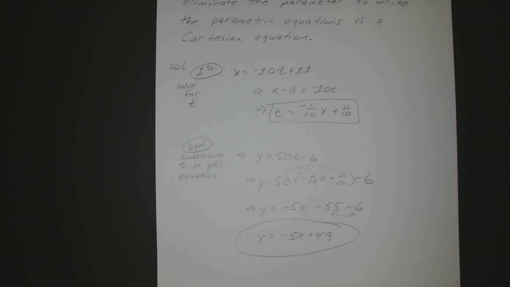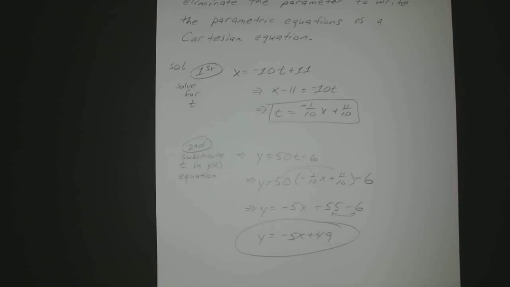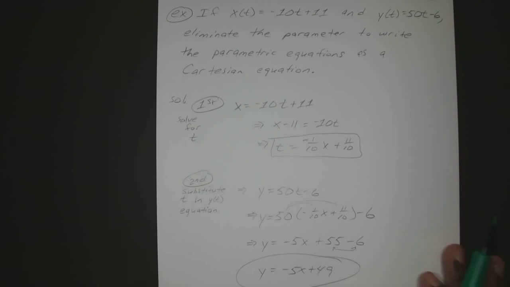You mean if you were trying to find the x and y coordinates for that one? No, if we were trying to find 2 parametric equations using a Cartesian equation. Okay, I see what you're saying.